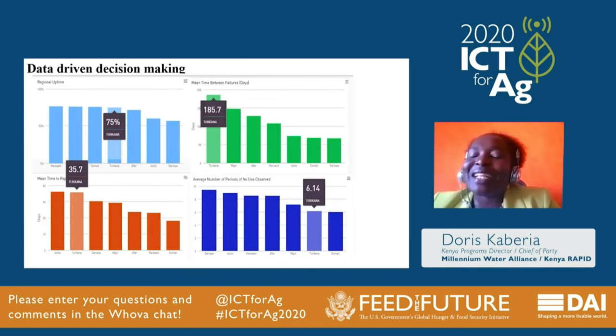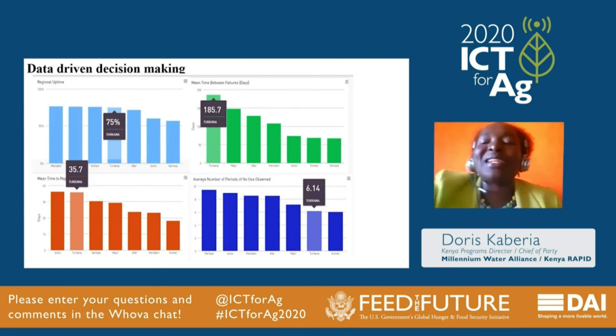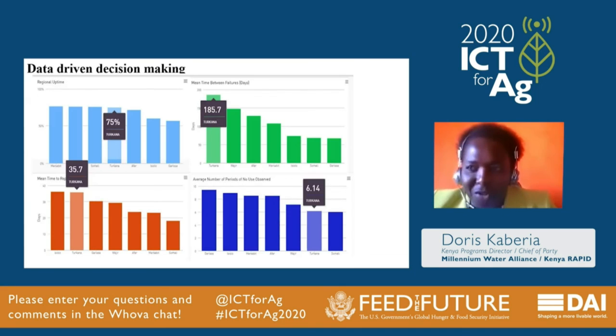And when it comes to breakdown, it takes around 185 days for these boreholes to break down at any one particular time in a year. That is on average. But when they break down, it takes an average of 35 days, as in the bar chart on the lower left, to get these boreholes repaired.